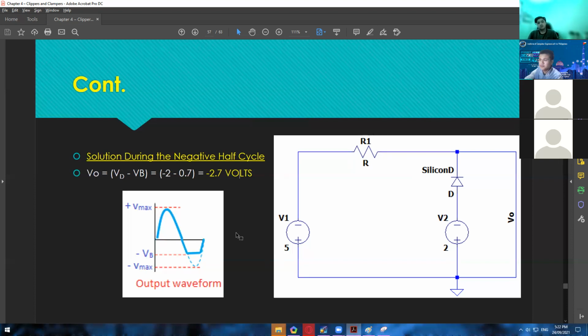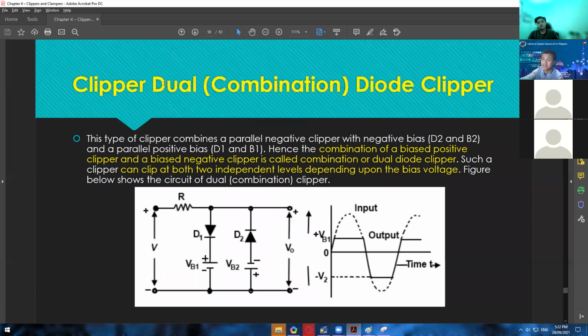All right, so we're almost done. The last topic will be the dual combination diode clipper. In here, let me just make this one short since this one only talks about the connection, wherein we have V1, VB1, and then V2, VB2. So we now have two diodes when it comes to combination, and two bias voltages.